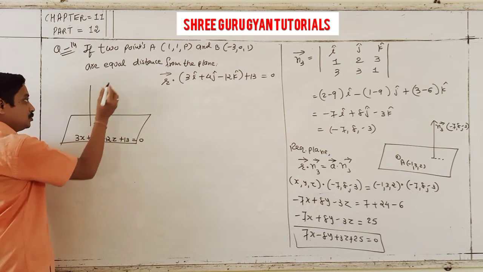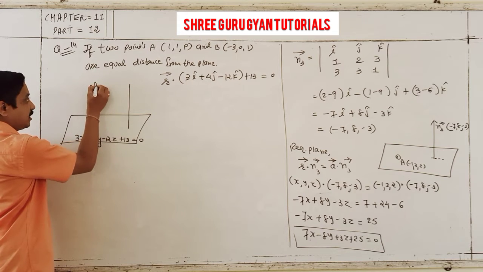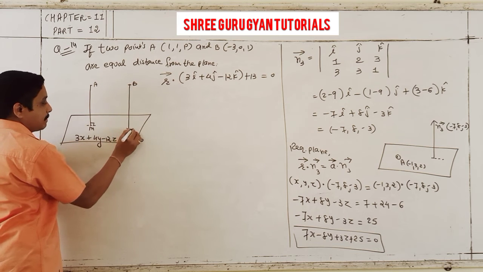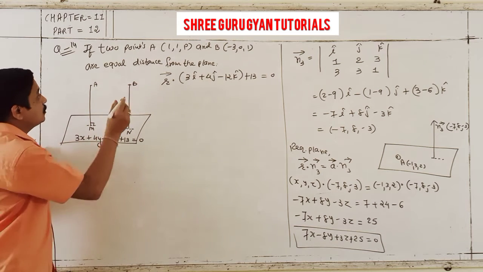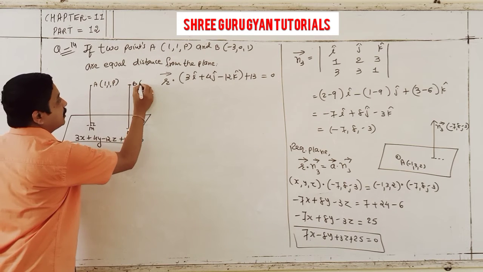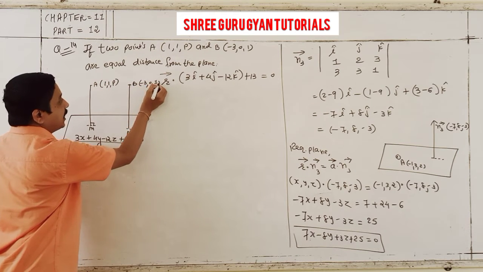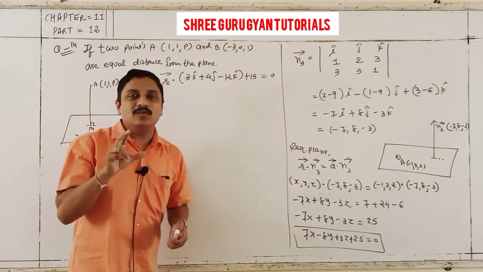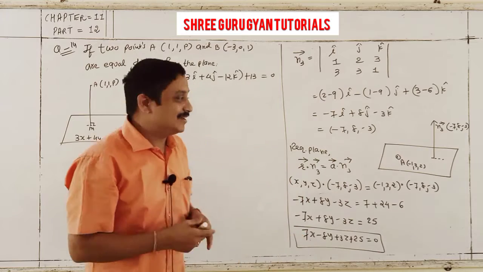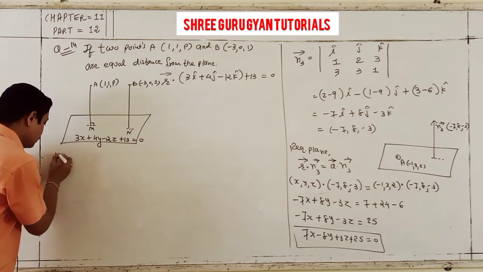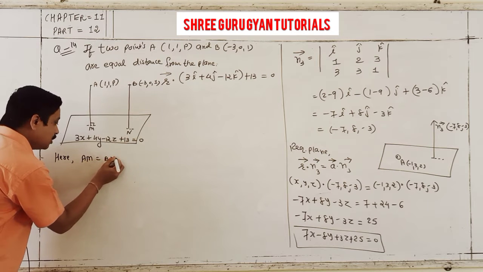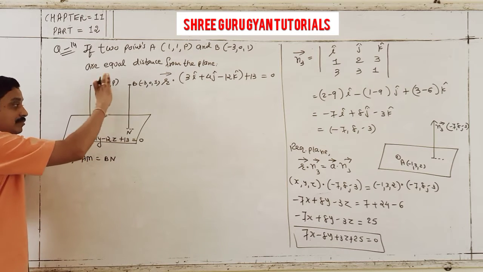Here are your two equidistant points from the given plane, A with foot M and B with foot N. A is (1, 1, p) and B is (-3, 0, 1). Both are at equal distance, so apply the distance formula from a point to the given plane. So very easy: A to M is equal to B to N.